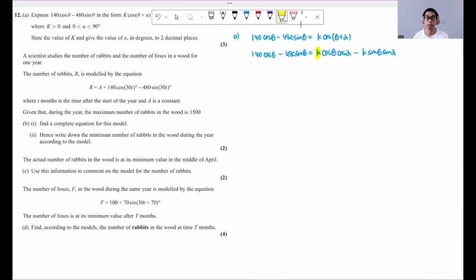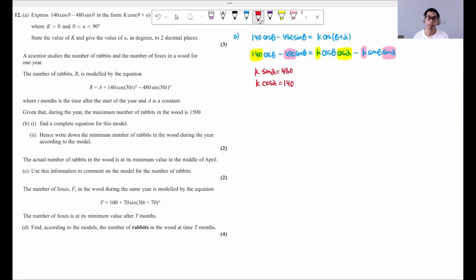So k cos alpha times cos theta has to equal 140 cos theta, so k cos alpha equals 140. And k sin alpha times sin theta has to equal 480 sin theta, so k sin alpha equals 480.